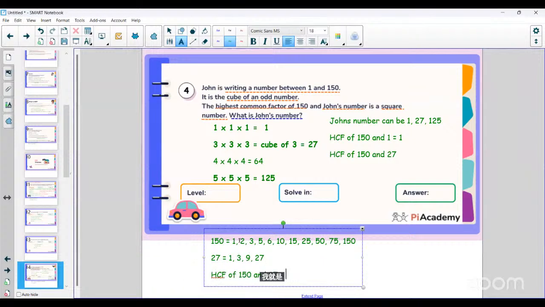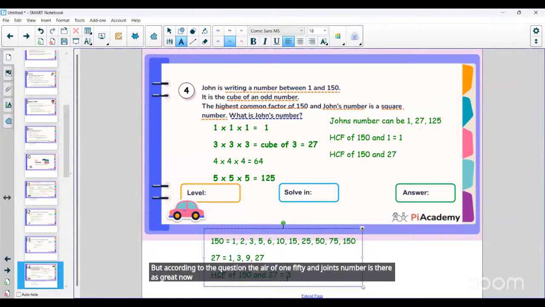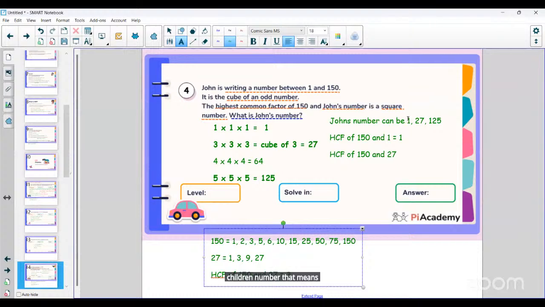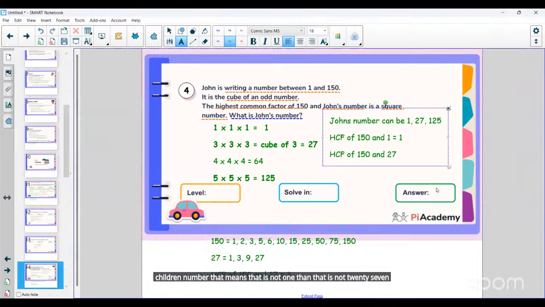Well, I can see 3 is the only common factor. But according to the question, the HCF of 150 and John's number is a square number. Is 3 a square number? No, right? 3 is not a square number. That means the answer is not 1, the answer is not 27, hence the answer must be 125.